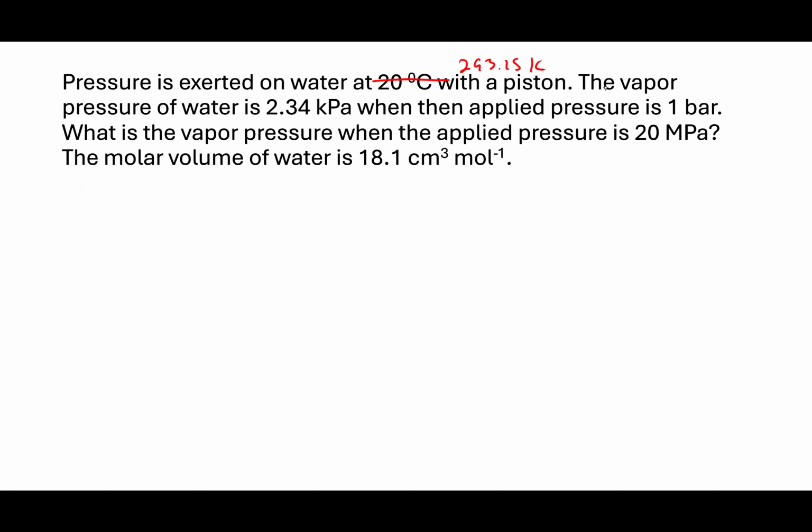We have different units of pressure: kilopascals, megapascals, and bar. The best way to do it is going to be changing bar into pascals. Remember that 1 bar is, what is it? I always have to look it up, which will be given to you on the exam for sure.